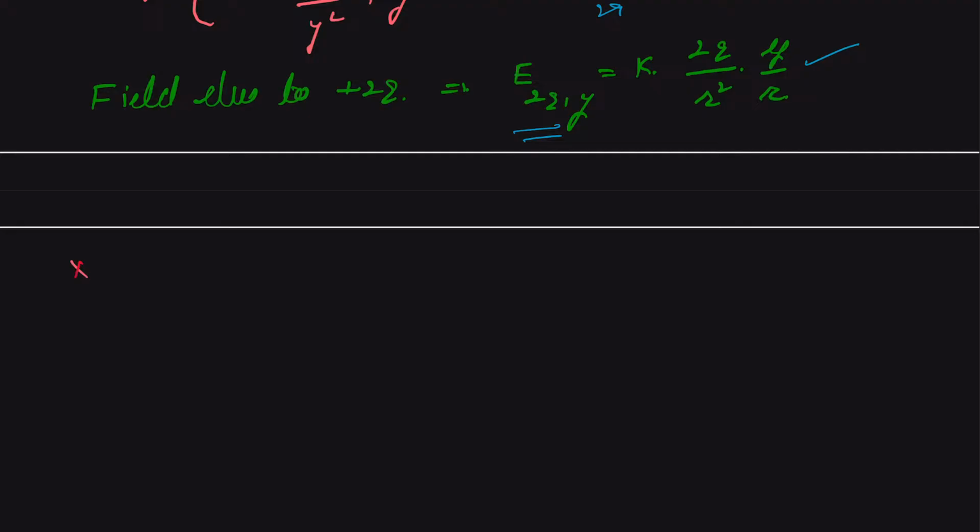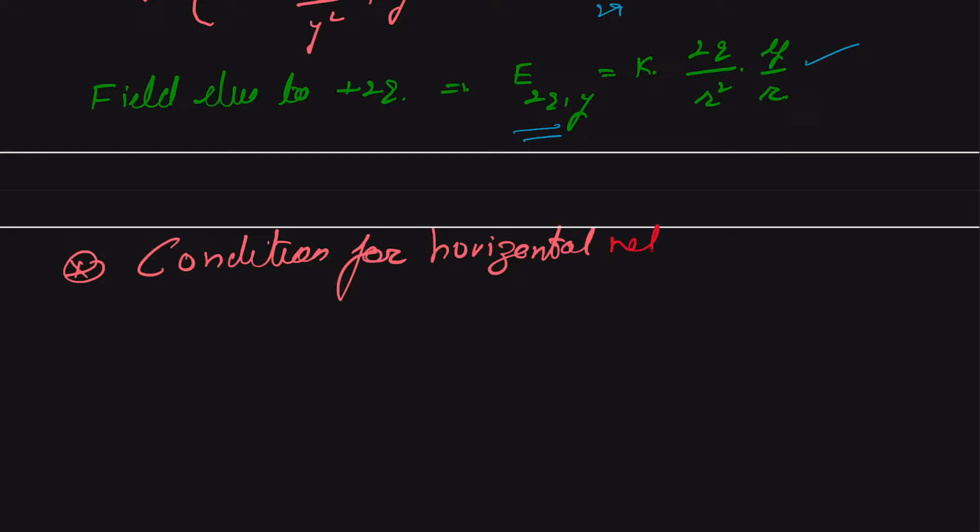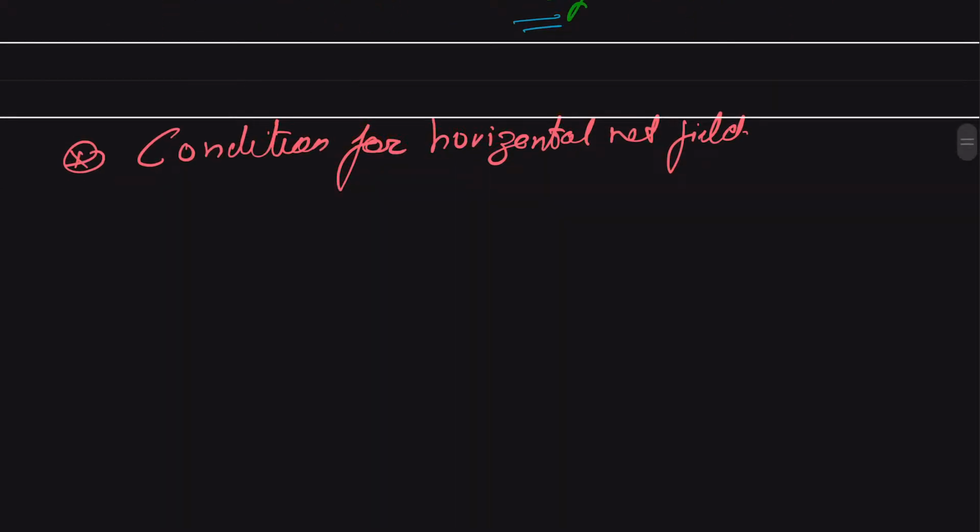So now we come to our final part, that is condition for horizontal net electric field. Condition for horizontal net field, and there is only one condition for that, that our electric field in vertical direction should be equal to 0.